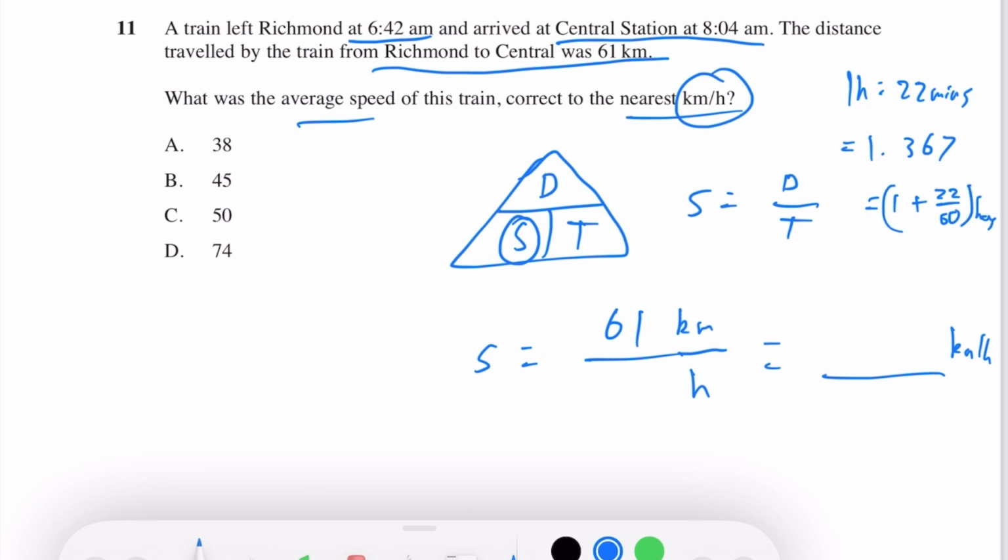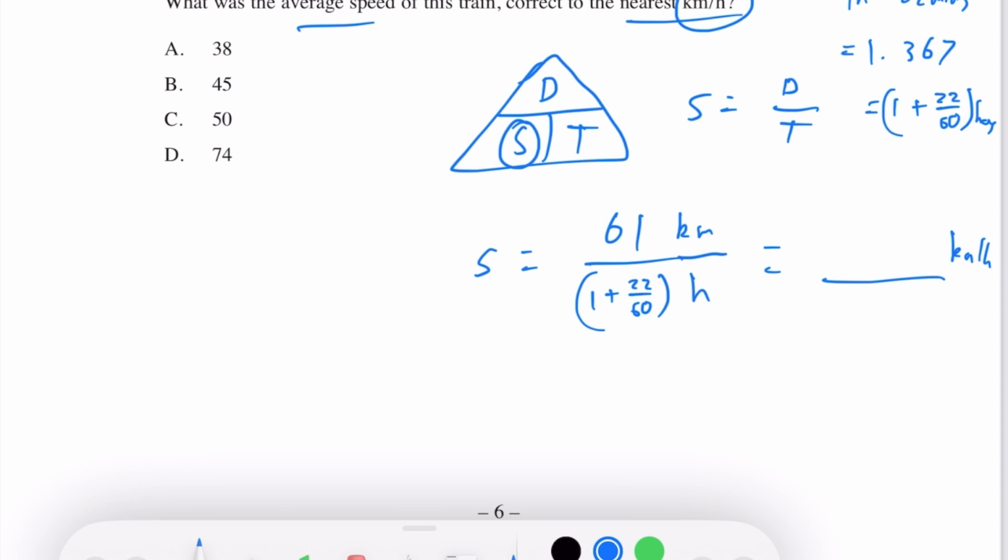All right, so I'm going to divide by 1 plus 22 over 60. If I type that in my calculator, I'm going to get an average speed of 44.63. And it says the nearest kilometer an hour, so that's going to be 45 kilometers an hour. So that means B would be your correct answer.